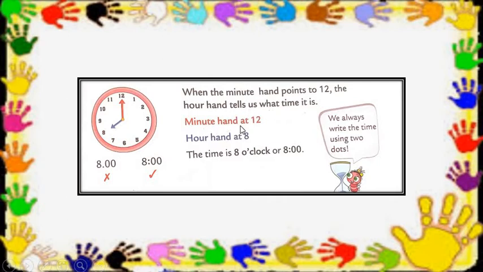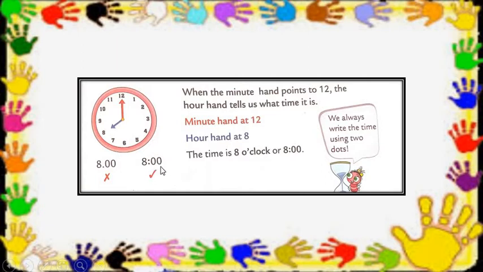Minute hand at 12. Hour hand at 8, which means the time is 8 o'clock or 8:00. We always write the time using 2 dots. Look at here.